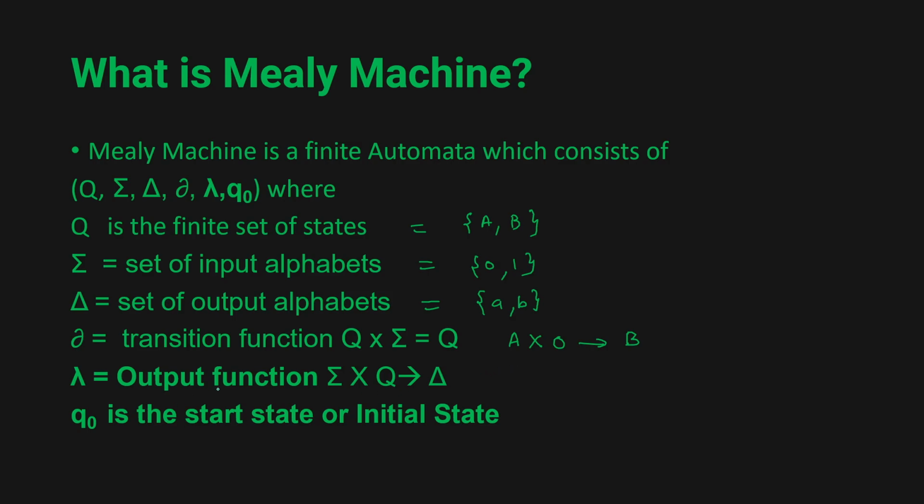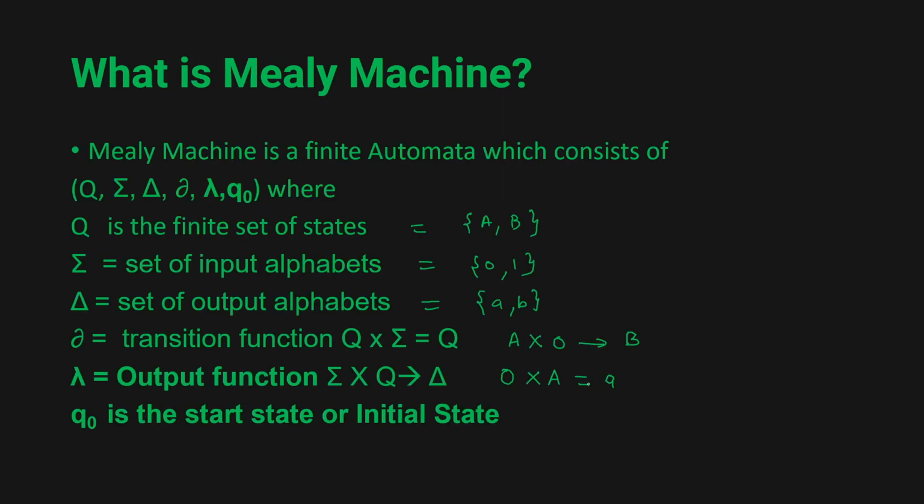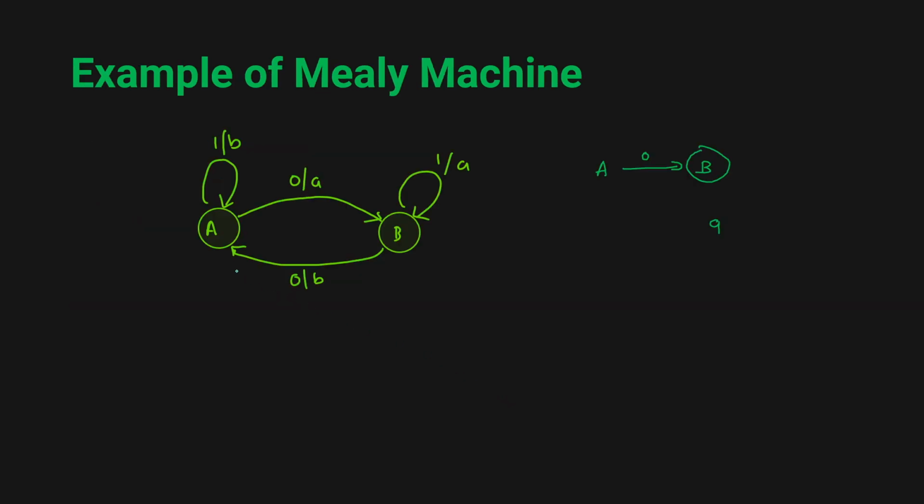And output function is, let's say you get an input 0 and you are in state A. Then you're going to get the output as, I think it was small a. Let's see. Yeah. You get input 0, you go to state B, but the output was a. So this is our output function. And Q0, as we know, is the starting state or initial state.